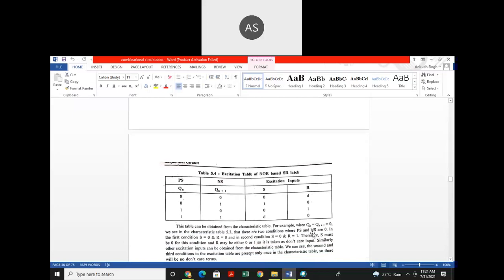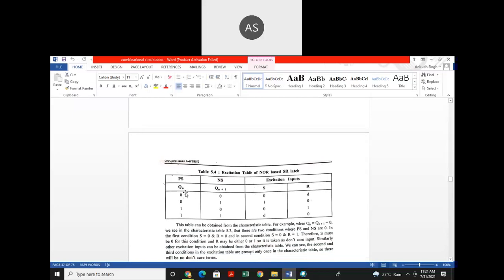This is the excitation table. In excitation table, present and next state is given, and we have to find the input of the flip-flop.